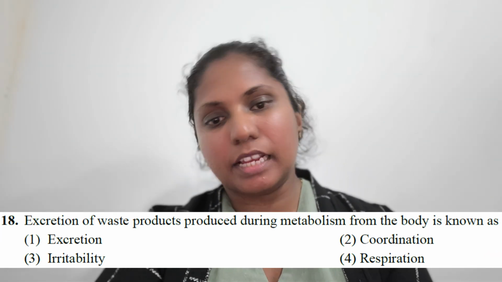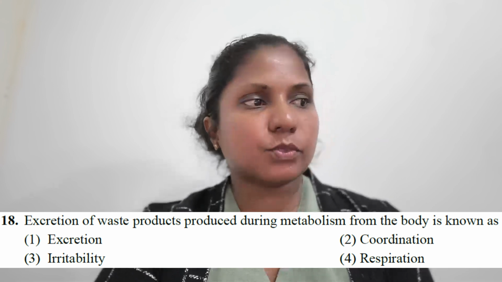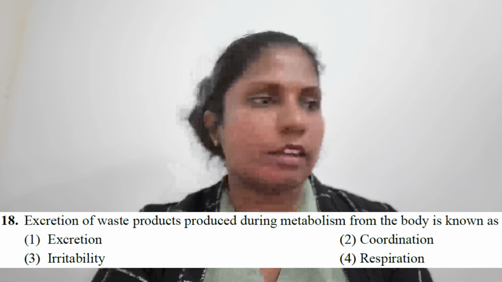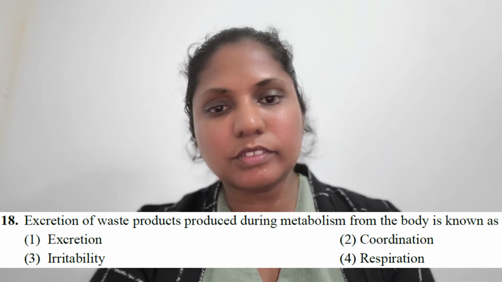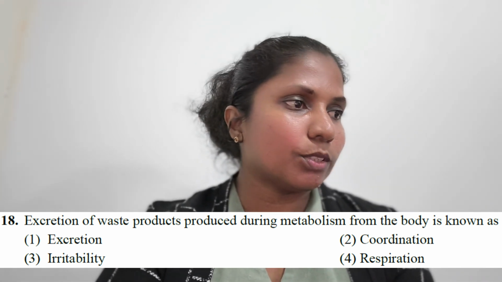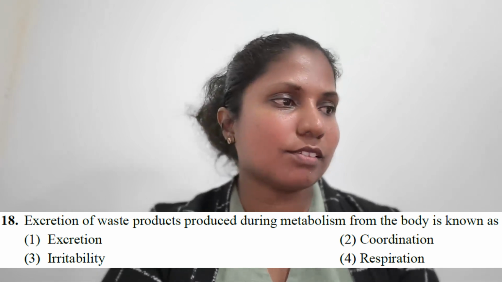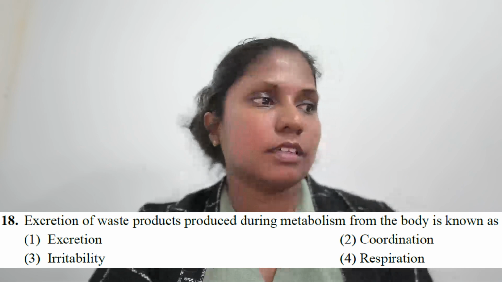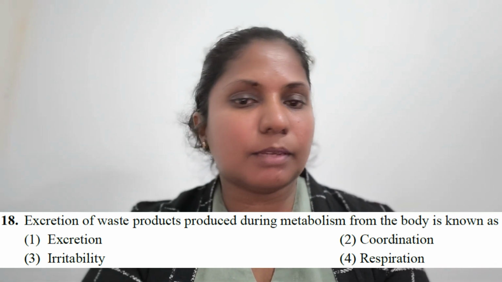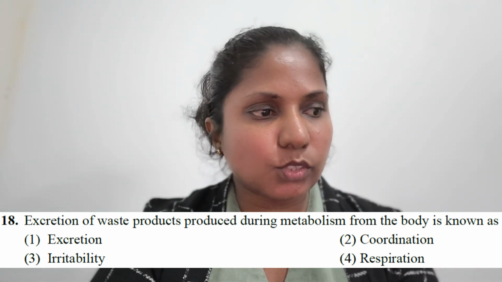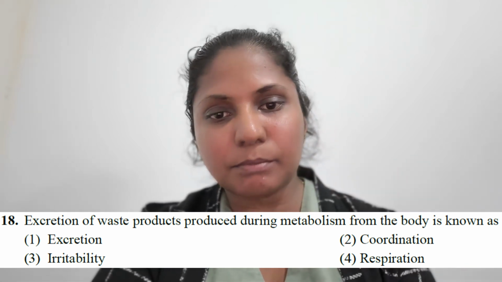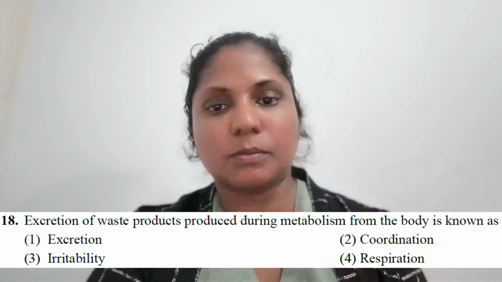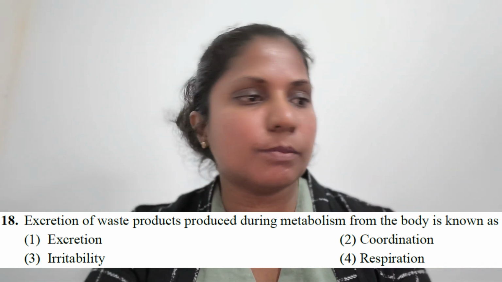Okay, question number 18. Excretion of waste products produced during metabolism from the body is known as... you can easily grasp the answer by just looking at the words. Let's check them one by one. Excretion means eliminating metabolic waste produced during metabolic chemical reactions.